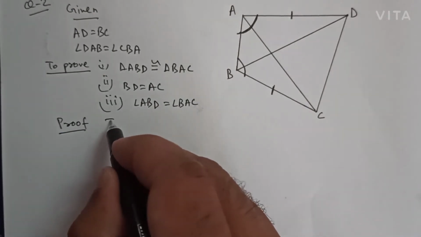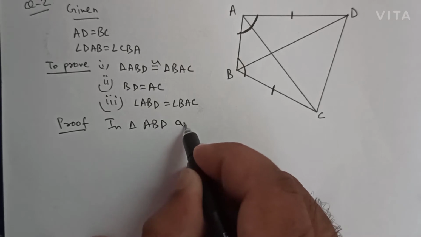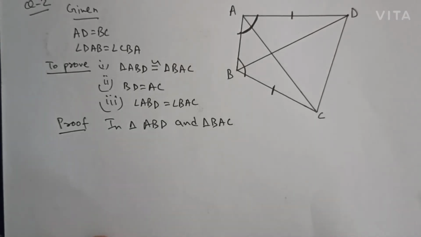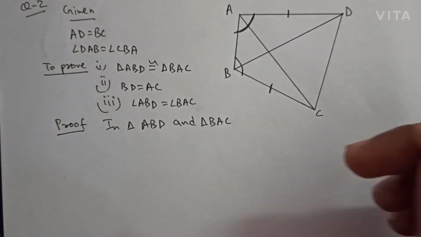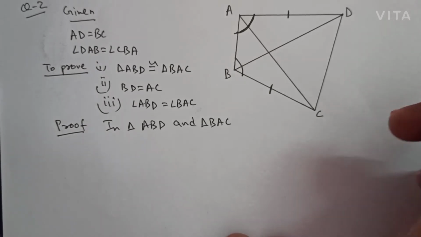to prove in triangle ABD and triangle BAC. In these two triangles ABD and BAC, so let us see what are the triangles. So first one is ABD.